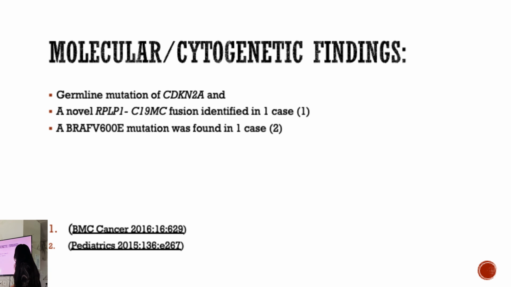A little bit on its molecular and cytogenetics. It does have a germline mutation of SDHA, but lately two new mutations have been seen here, which are the RPLP1-C19MC fusion and BRAF V600E mutations. They are seen in only one case each so far in the literature. If anyone is interested, you can see through the references.